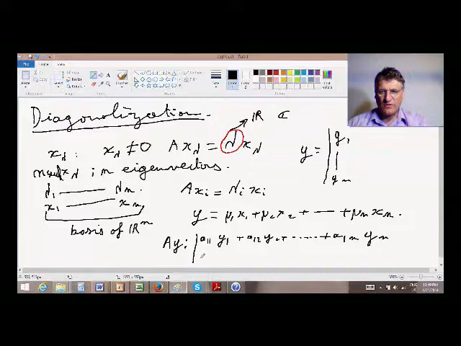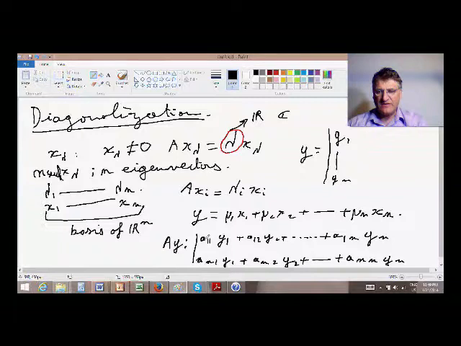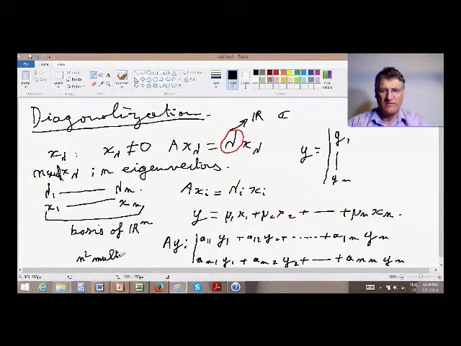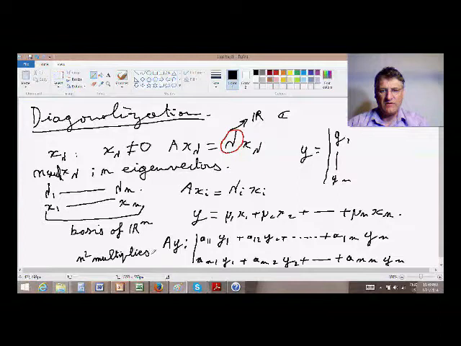And same thing for the second row all the way to the last row, an1 y1 plus an2 y2 plus etc. plus ann times yn. And we realize that this corresponds to n squared multiplies and also n squared adds.